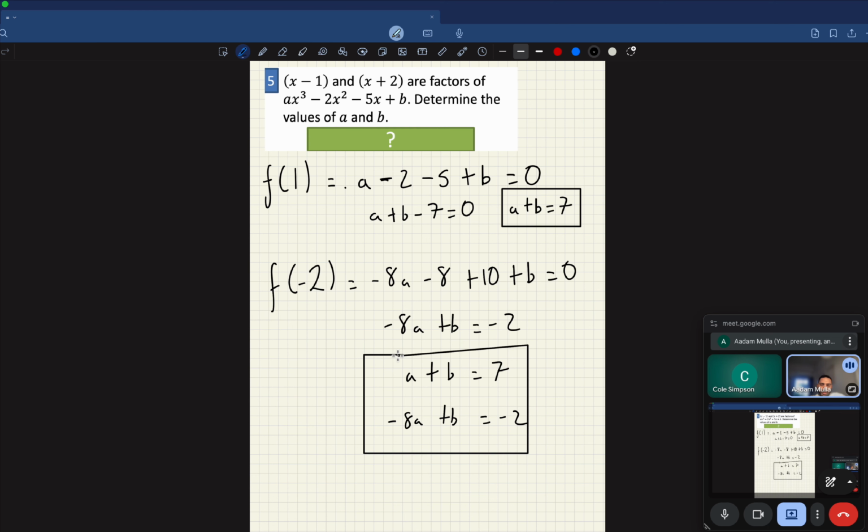You don't have to write it like this, but you can just think about it in your head. Because I'm going to do a minus negative 8a, it's going to give me a positive. So it's better if I do it that way. But if I did the other way, minus 8a minus a would give me minus 9a. So it's better to do it that way, the way that you wrote.